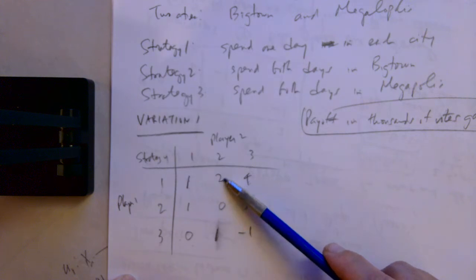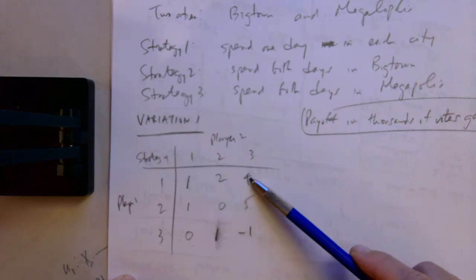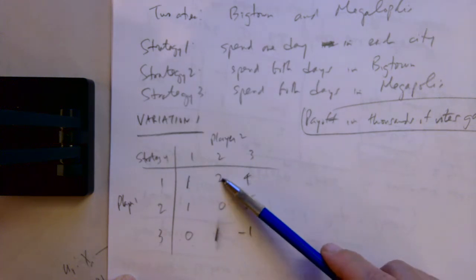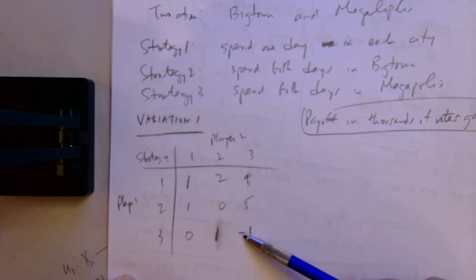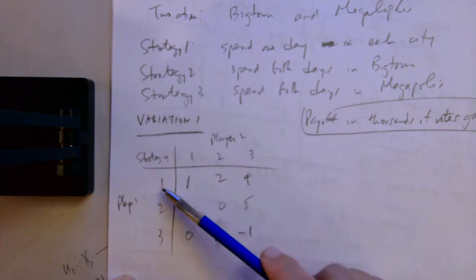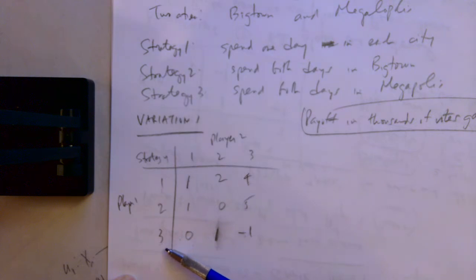Player 2 wins 2 or 1. Player 1 wins 2 or 1. Player 1 wins 4 or loses 1. So if you compare strategies 1 and 3 for player 1, in every possible case, he does better with strategy 1.